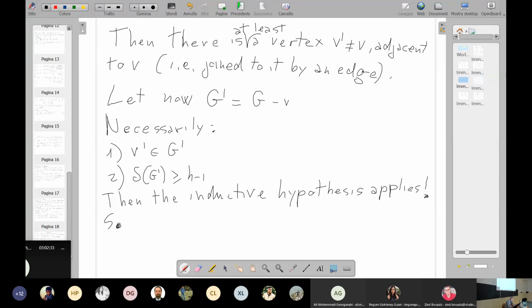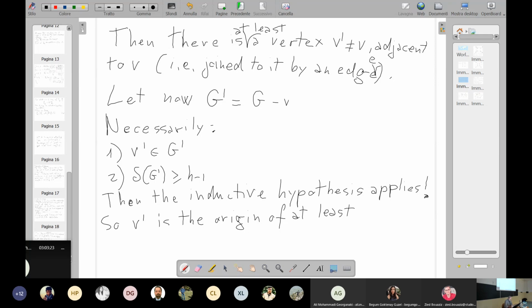So V prime is the origin of, sorry, let me give a name: adjacent to V, joined to it by an edge which we call E. Okay? Then the inductive hypothesis applies.